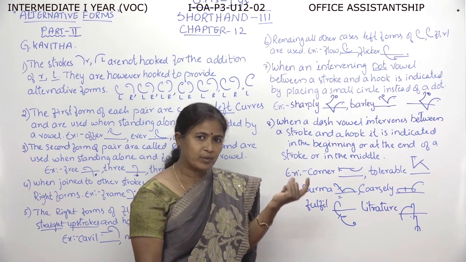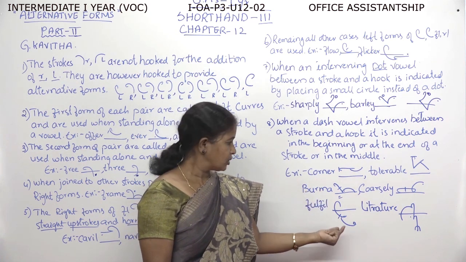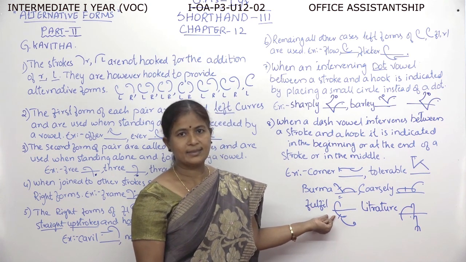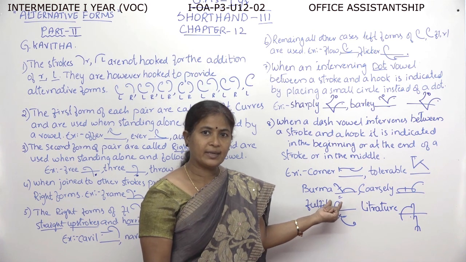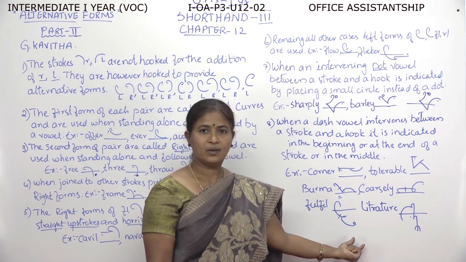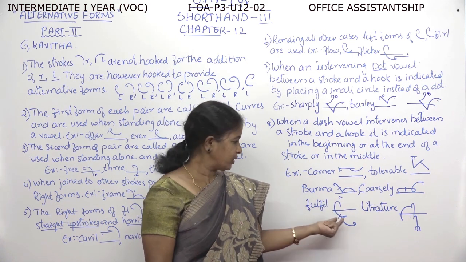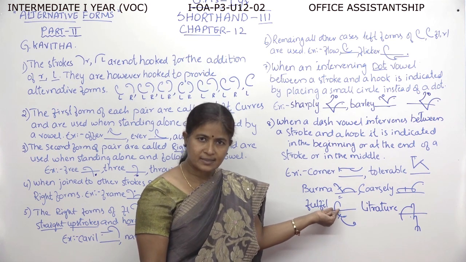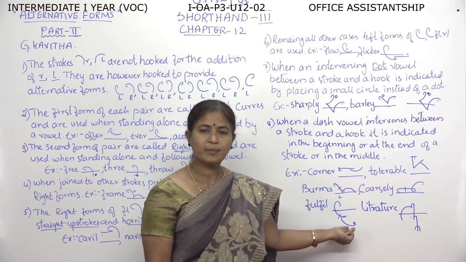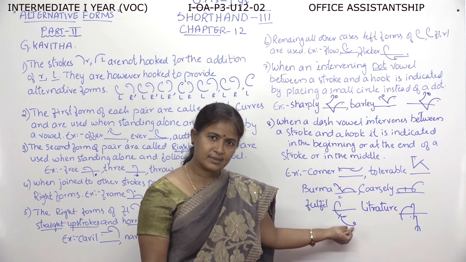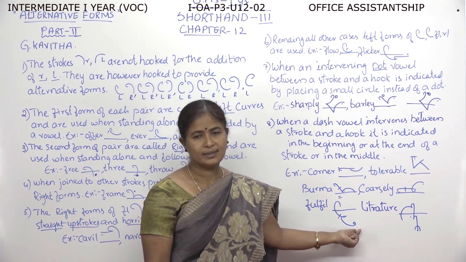Full, because it's coming in between full, F and L. So in the third place, we intersect this dash vowel. Okay, again fill. Full here, we are getting a dash vowel, and fill, we are getting a dot vowel. So for the dash vowel, we intersect it here, and fill, dot vowel, F and E, third place vowel is coming. So we place this small dot circle in the third place.